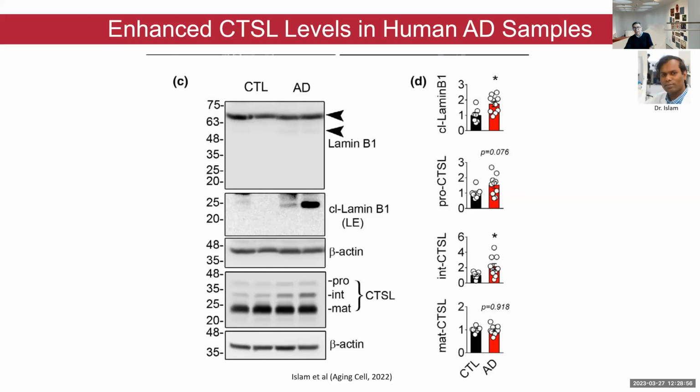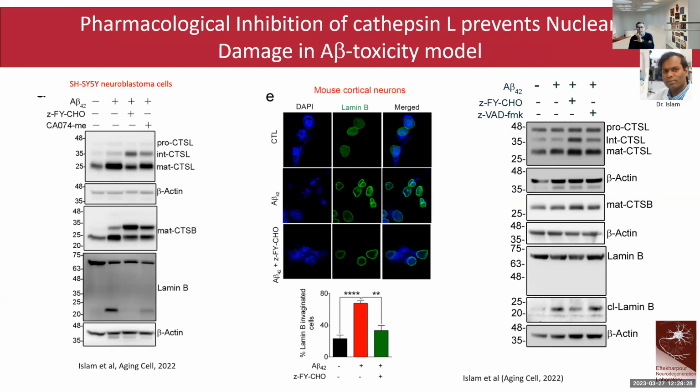So the question that we asked is whether caspase-6 is a substrate of cathepsin L, and at the very late stages perhaps cathepsin L is taking over and cleaves caspase-6. And we confirmed that in vitro with purified protein: perhaps at the later stage when cathepsin L is activated, it will degrade everything, including caspase-6. That's the reason we won't see that in a human patient. So that is one model.